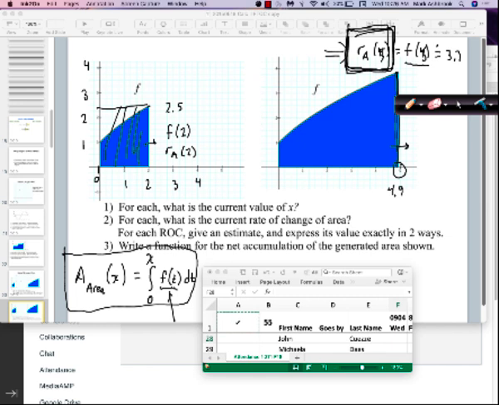Yes, please. Yeah, f of 2 is this y value. So if you integrate from 0, if you accumulate from 0 to 2, at f of 2, you're going to be accumulating at this rate. And you'll get that whole rectangle that I've shaded. We want the area just of the blue.